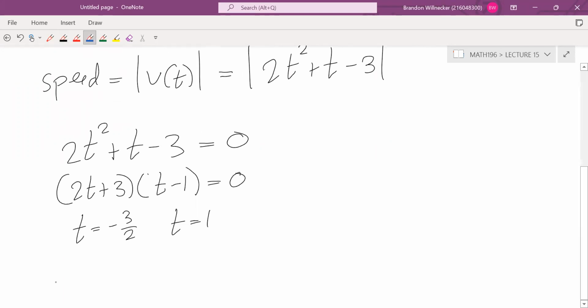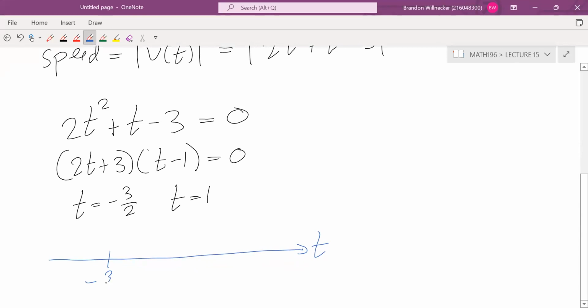Okay, so if we draw our number line for t, we're going to have minus 3 over 2 over here. And over here, that's 1. And somewhere in the middle, we've got 0. Okay, so now we can see we've got a happy face parabola because the coefficient of t squared is positive.